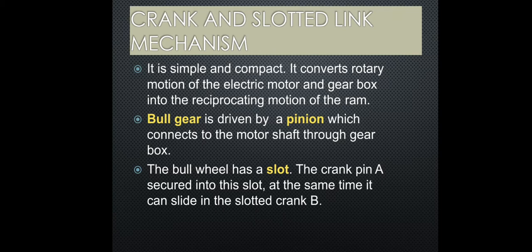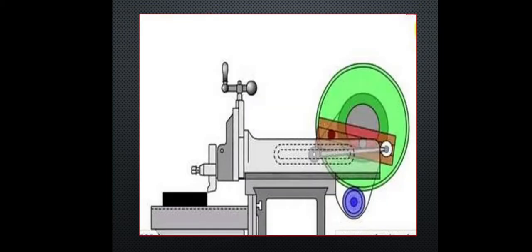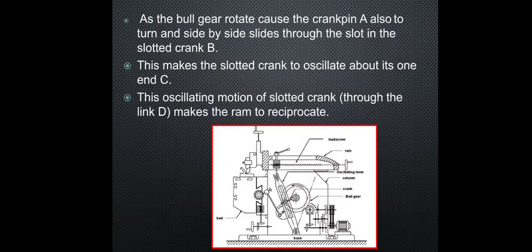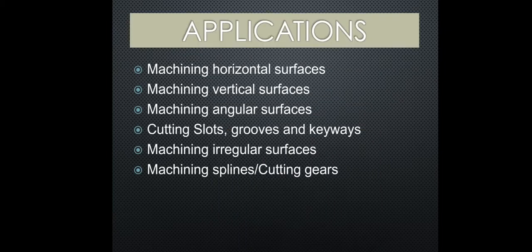A bull gear is driven by a pinion which connects to the motor shaft through a gearbox. The bull wheel has a slot. The crank pin A is secured into this slot. At the same time, the crank slides in the slotted crank B. This picture indicates the crank and slotted link mechanism, and this picture gives a clear view of it.